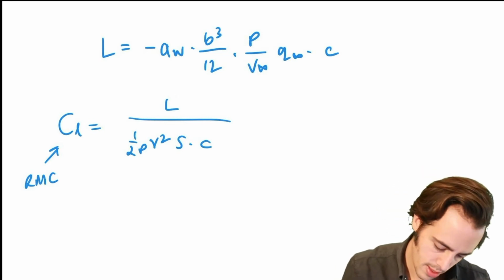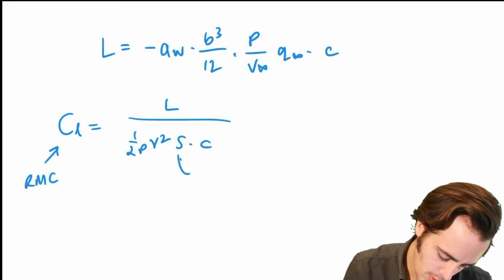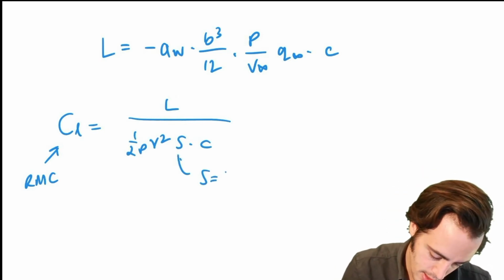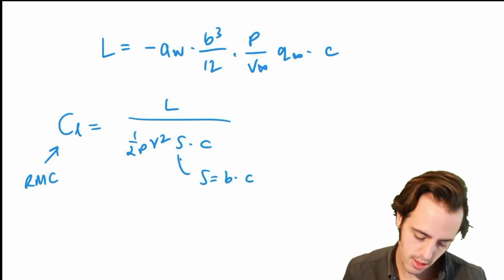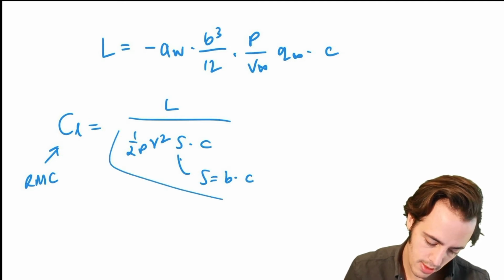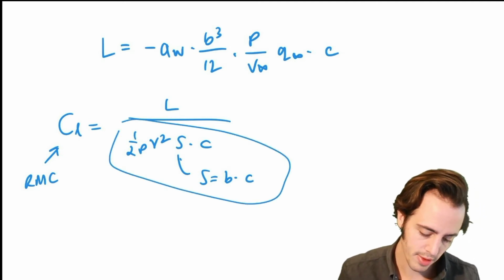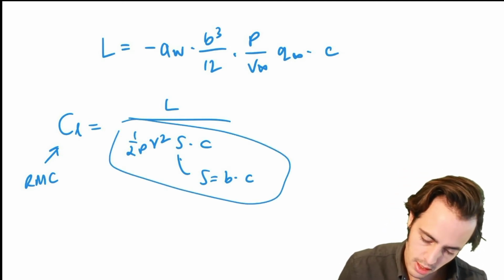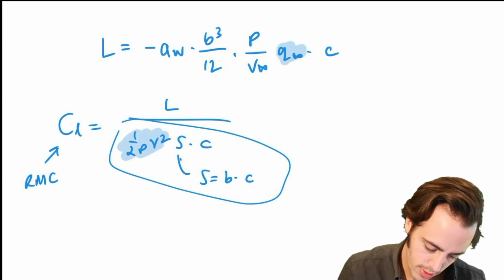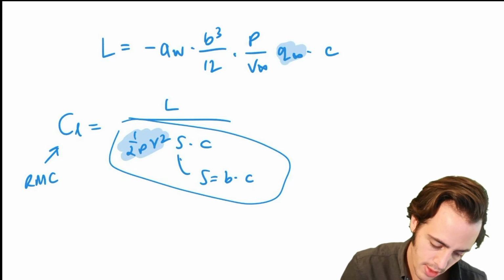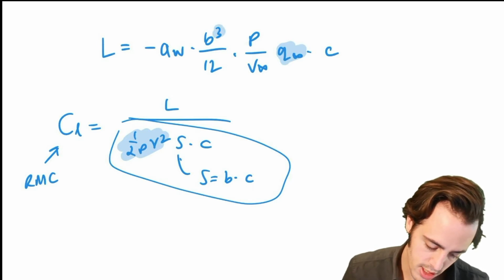So let's just remember that S for a rectangular wing, which is what we're working with, is equal to B multiplied by C. If we divide the above expression by this, then let's look at what's going to disappear. There's a whole bunch of things that are going to go. We've got dynamic pressure in here. We've got S, which is BC, so we get rid of one of the terms up here.